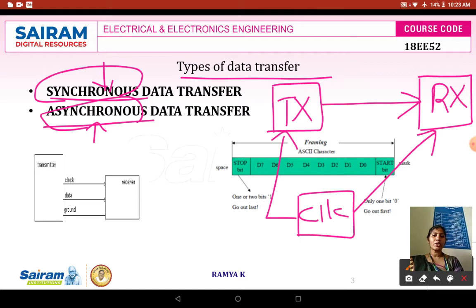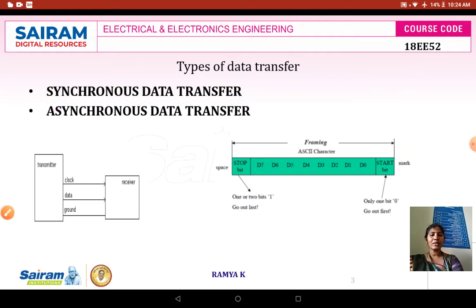That is called synchronous data transfer. If you enable the clock pulse to the transmitter and receiver at the same frequency, then it is called synchronous data transfer.